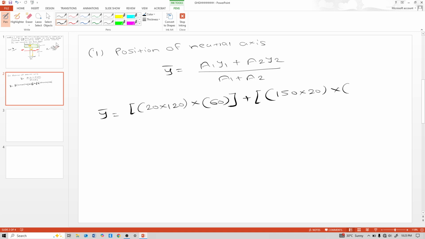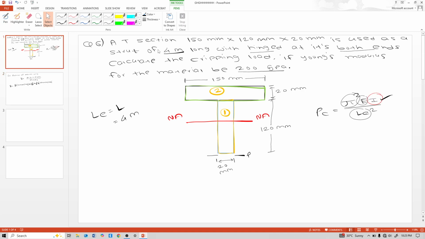And y2 is measured from that base P. So this y2 is the total 120, from this to this 120, plus 20 by 2.